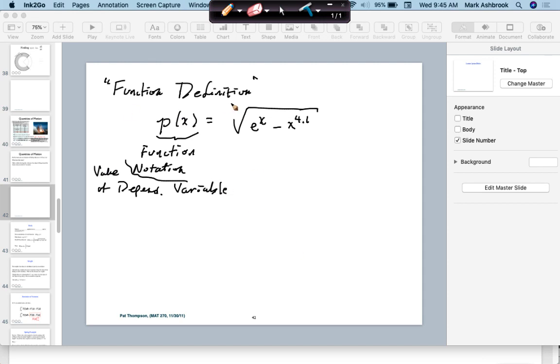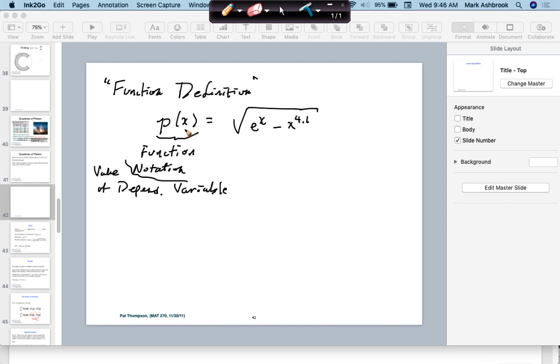In a function definition, which value of the dependent variable does it represent? In the definition, if it's p of x or f of x, which value does it represent? It's kind of a trick question. All of them. Why?